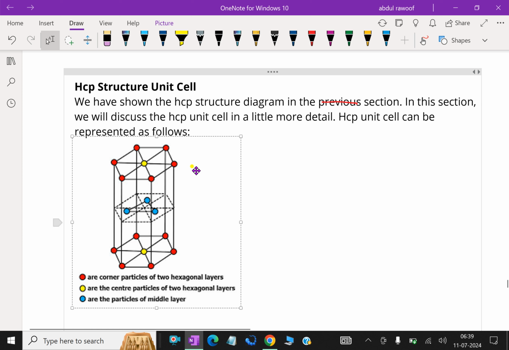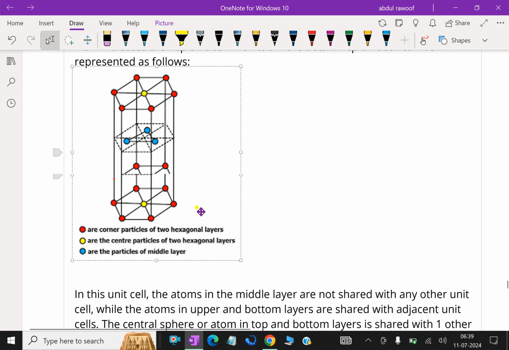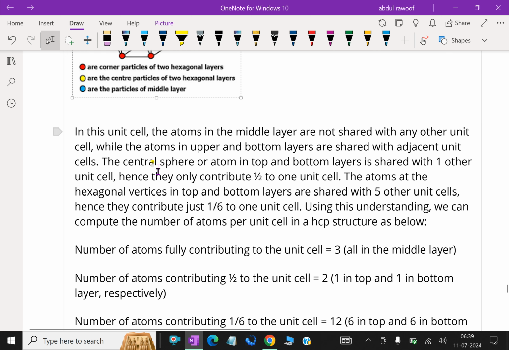The HCP unit cell can be represented as follows. Look at here. Every corner of the hexagon has one atom, one at the center of each face, and inside there are 3 atoms.